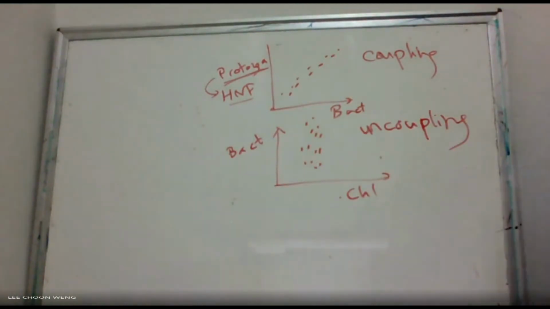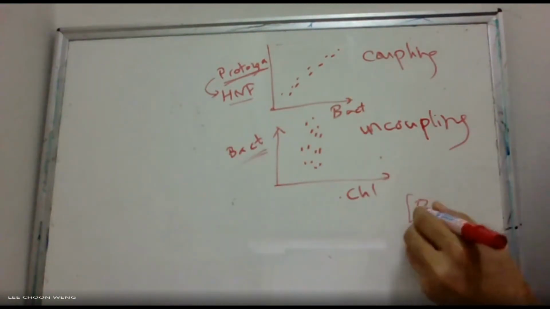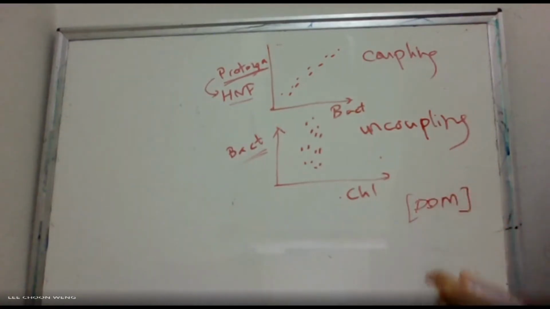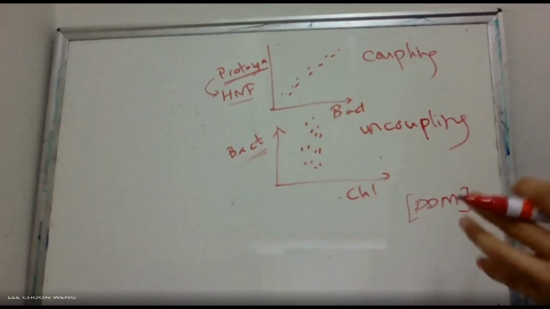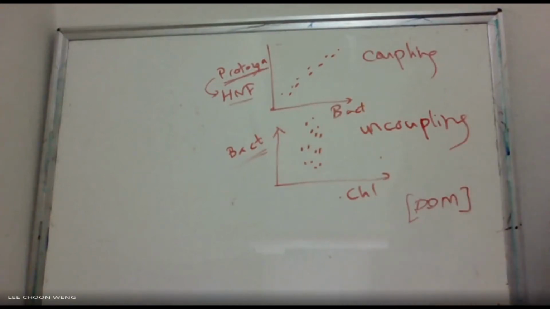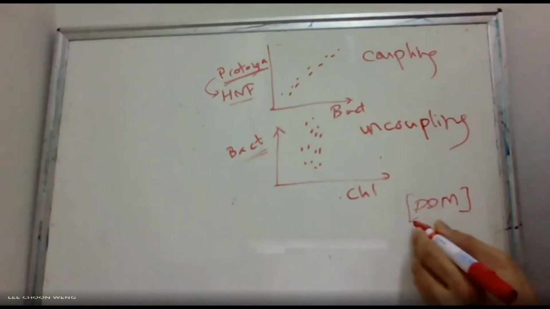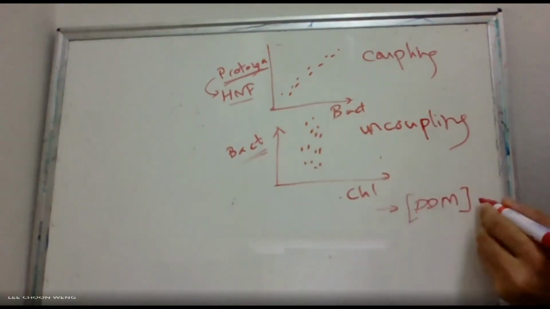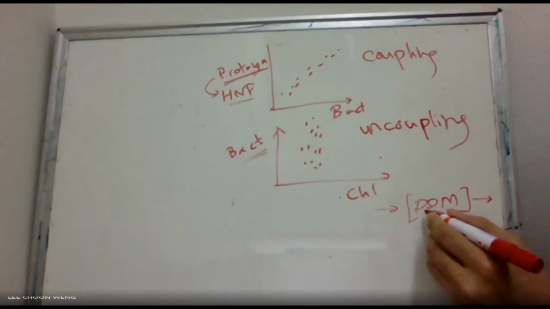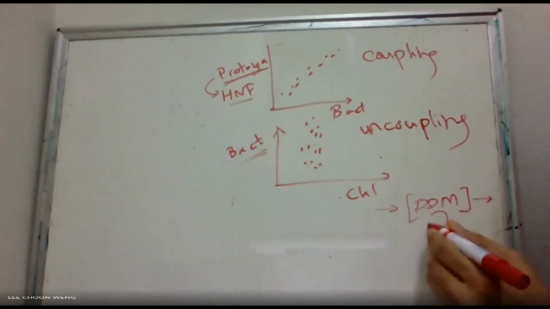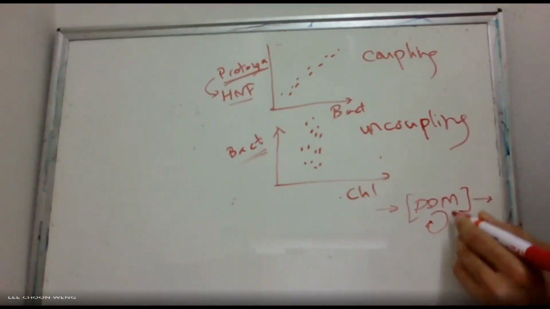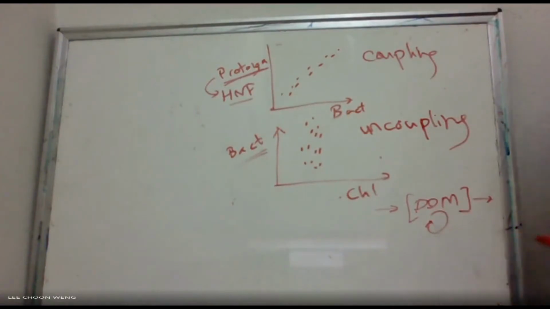So is this possible? Remember, whenever we talk about any component, any nutrients that we were studying, whenever we talk about a component, we always talk about the input and the output. So DOM can be recycled, can be from your phytoplankton, in situ phytoplankton.